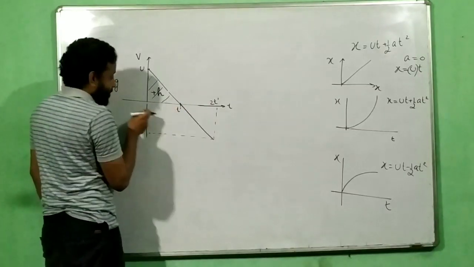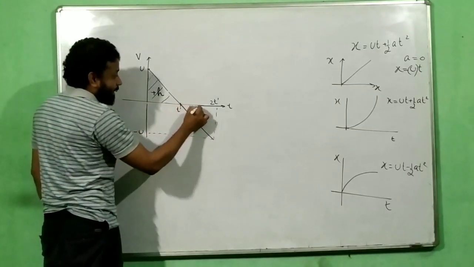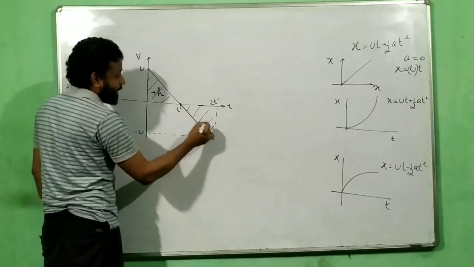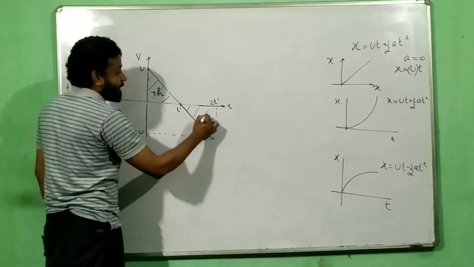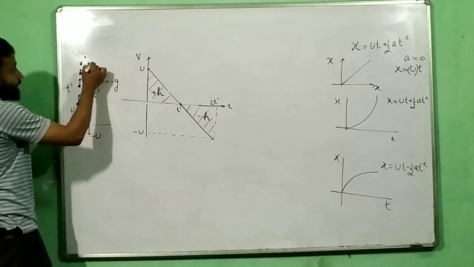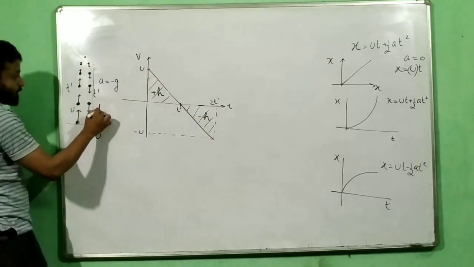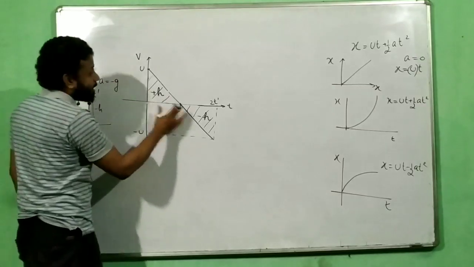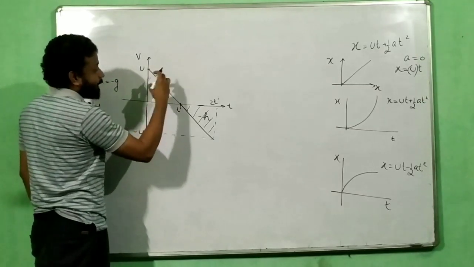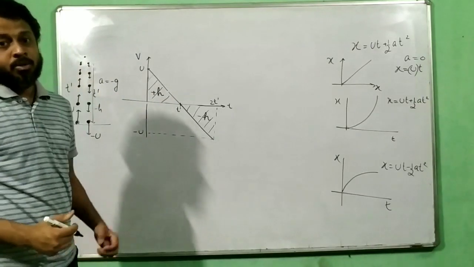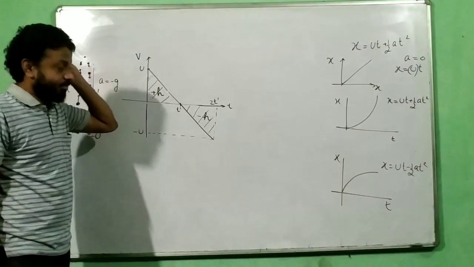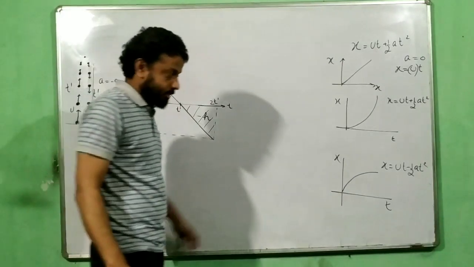Since this time and this value are the same, I will get exactly equal area over here. But since I am finding it in the negative quadrant, this will give me a negative displacement of minus h. So if I add a positive area with a negative area which are equal, what is the total value? Total value is 0. That means this graph is absolutely correct.